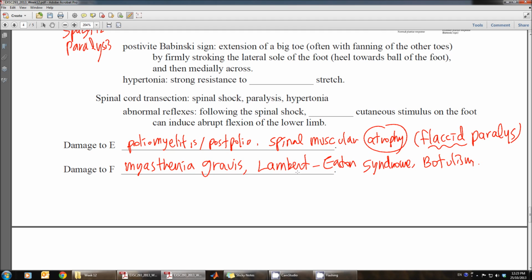So these were the diseases related to dysfunctions in the process of the synapse between the lower motor neuron and the muscle.